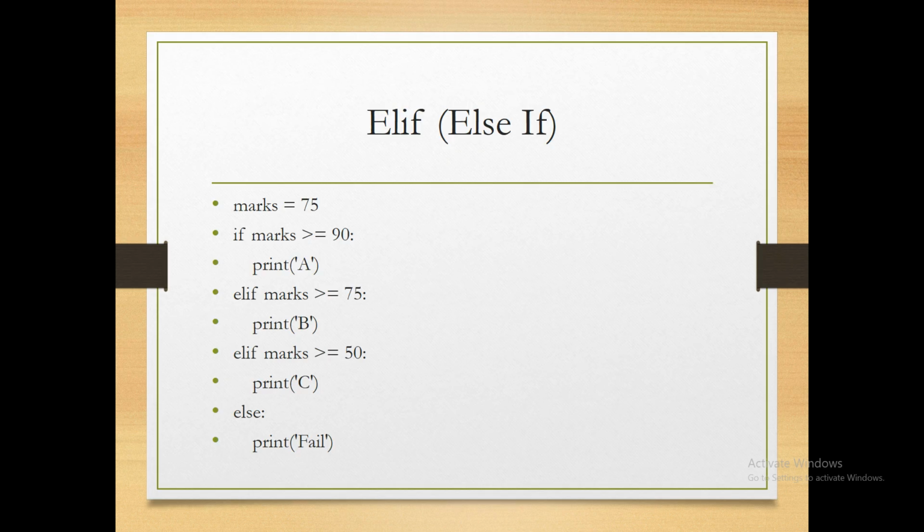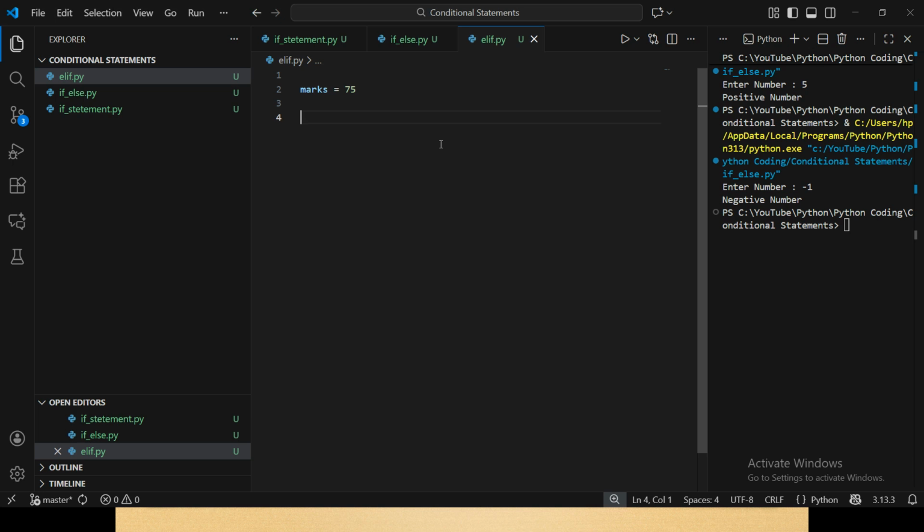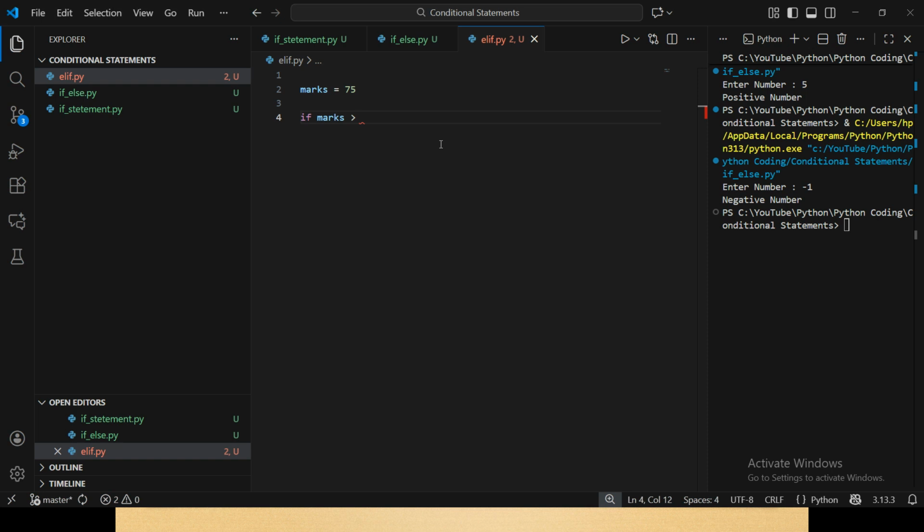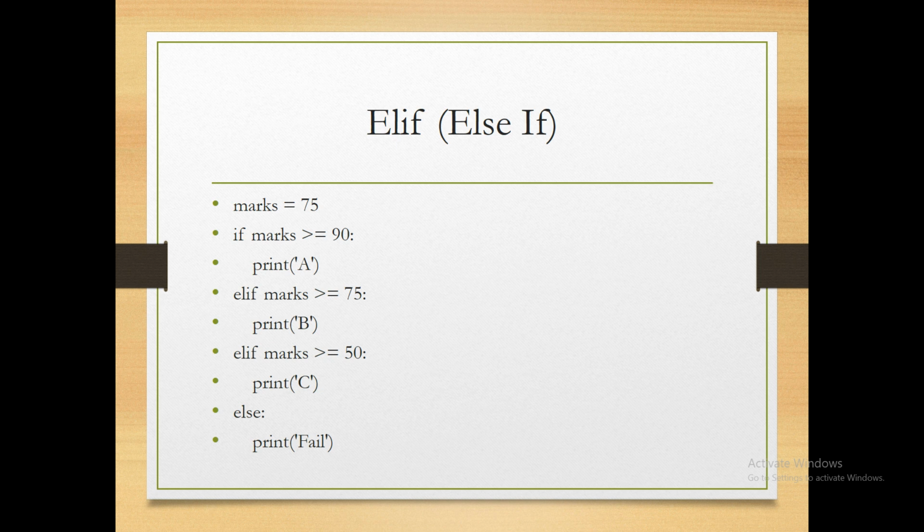Here you can see marks is 75, and if marks is greater than or equal to 90, you can print the A grade. Just give a colon here and print A grade.